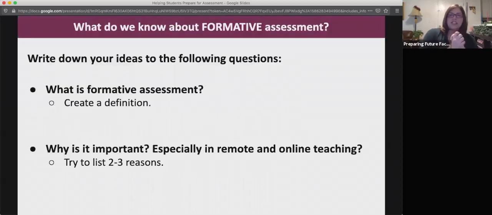So without further ado, go ahead. You can write this down, or you can just think about it. Try to write down a definition of formative assessment. I gave you a description of it using a metaphor, but go ahead and craft your own. And then try to write down 2 to 3 reasons why you might think it is important, or just think about it, whatever you prefer.